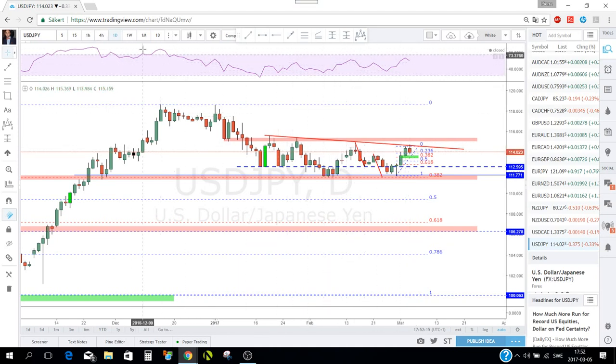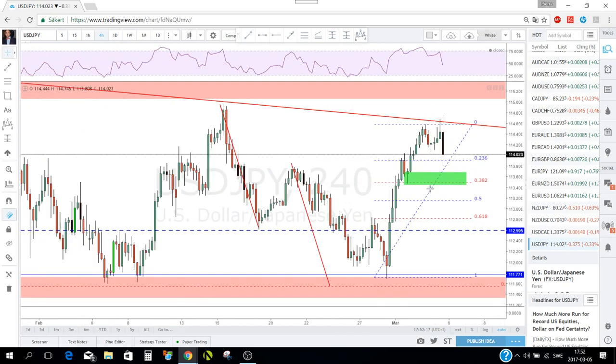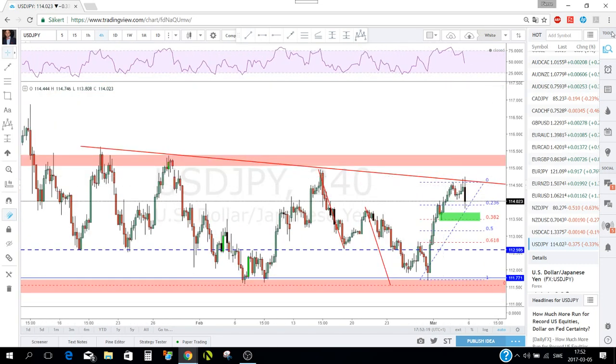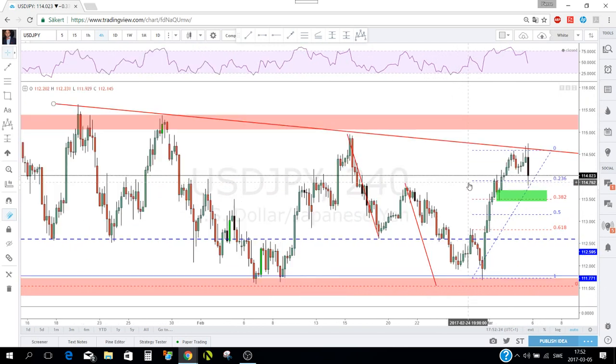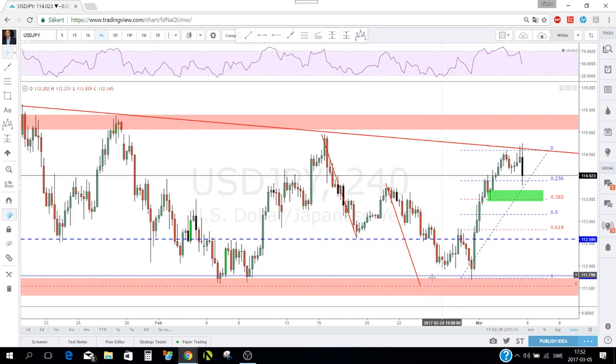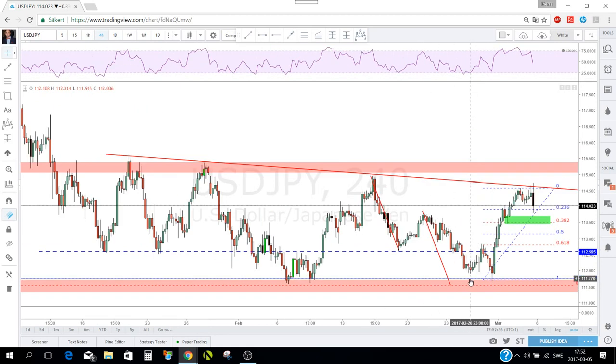And if we go down to the 4-hour, as those of you who watched last week's webinar know, I've been talking about this AB equals CD leg, and as you see here, it worked very well when price reached this area back down here.